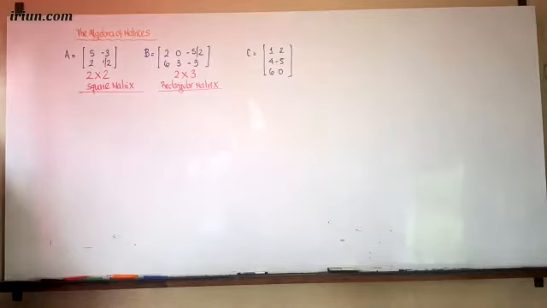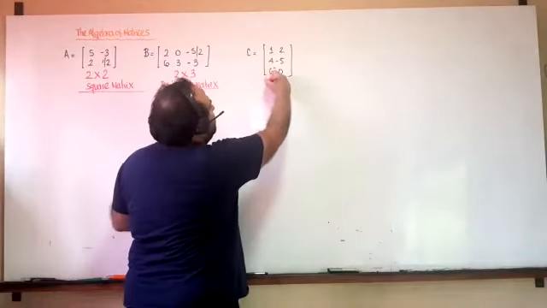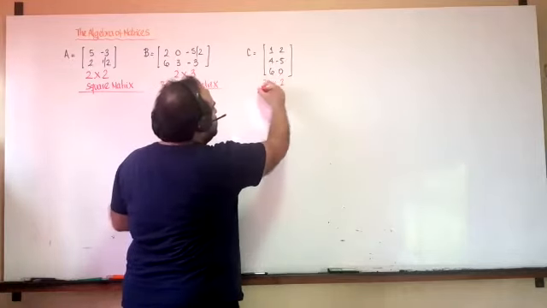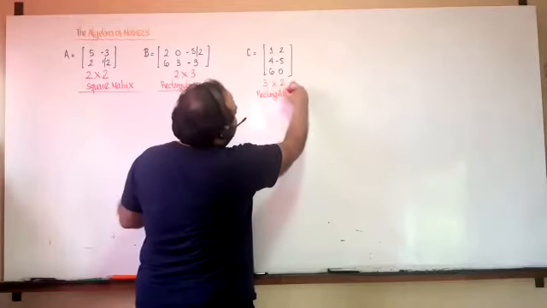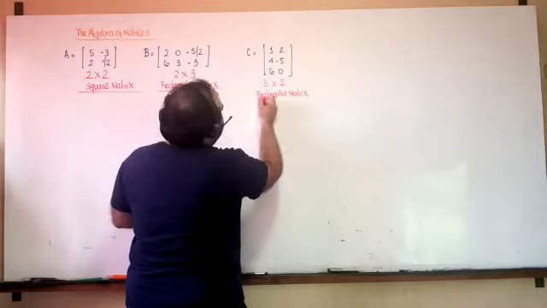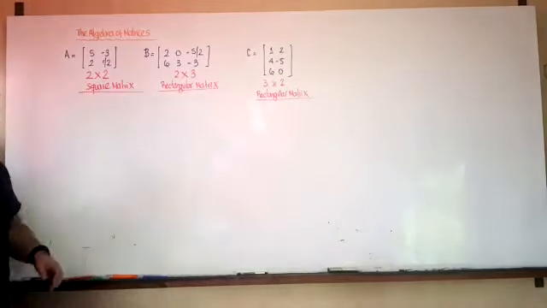It corresponds to 3 times 2, because we have 3 rows times 2 columns. But this is also going to be a rectangular matrix. For that reason, I'm telling you that matrices are not commutative.